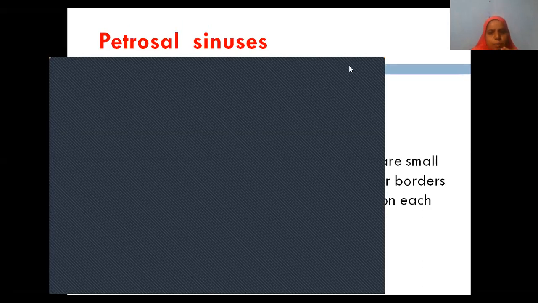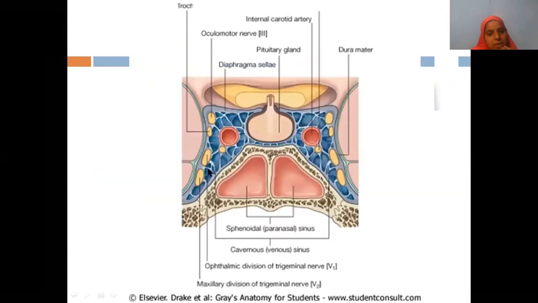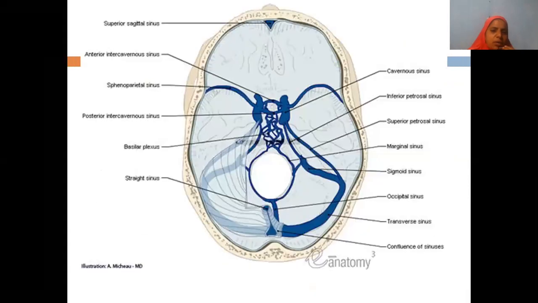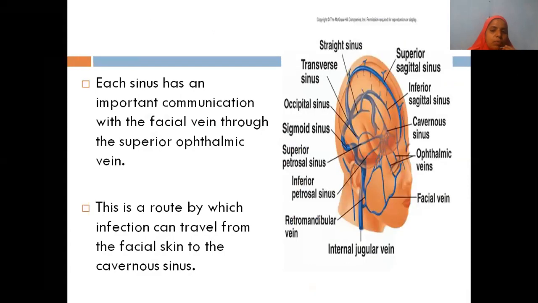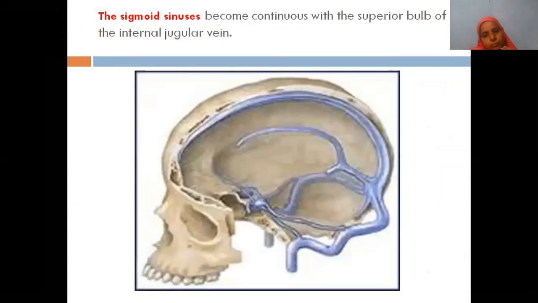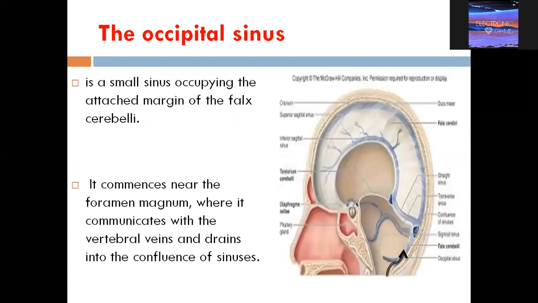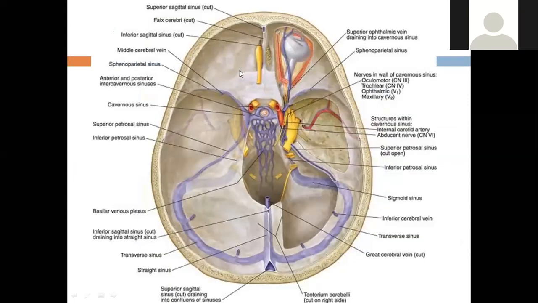Okay, for the remaining sinuses like superior and inferior petrosal sinus, before we go to them, I want to tell you one more set of relations. Already I told you roof and floor. Roof, what did I tell you about roof? The optic chiasma.